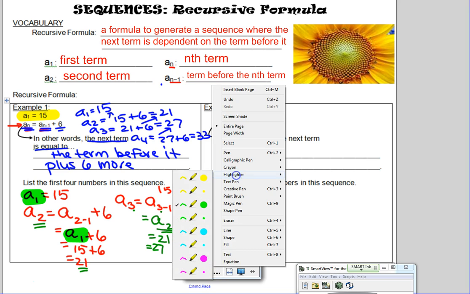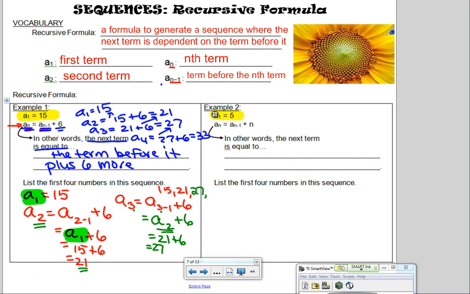A1 is 5. Okay, this is saying that the next term is equal to the previous term plus the term number you're on. So that n and that n match. Now this is a big N, not a subscript. That means we are in fact going to add what the term number is.